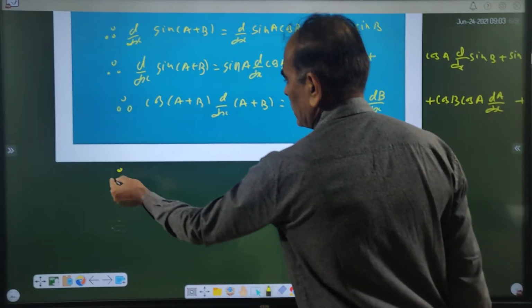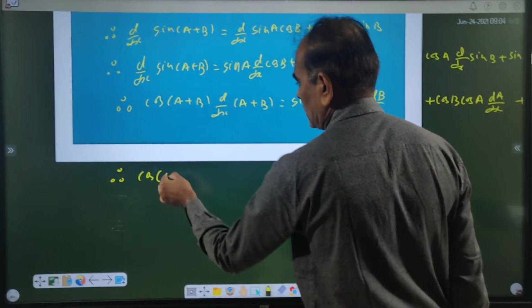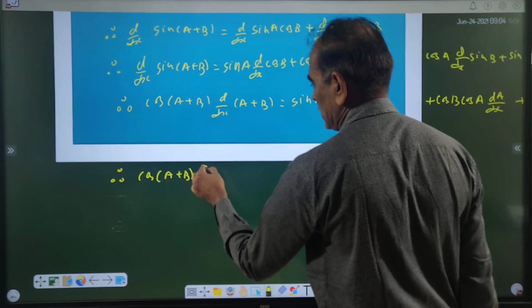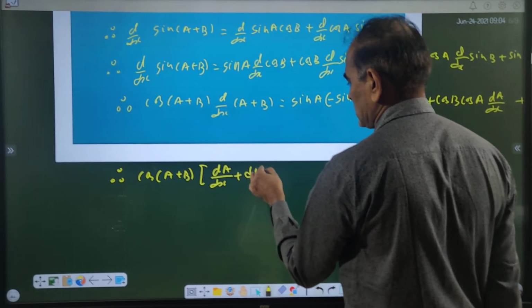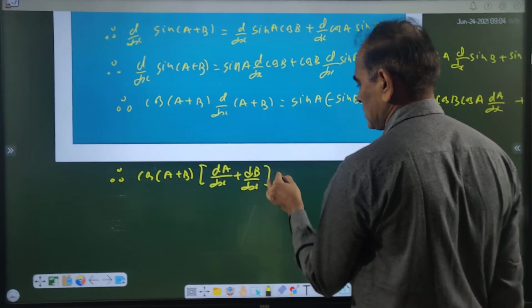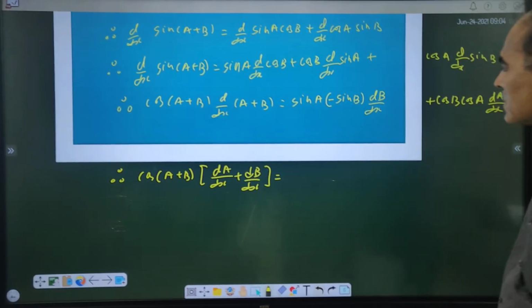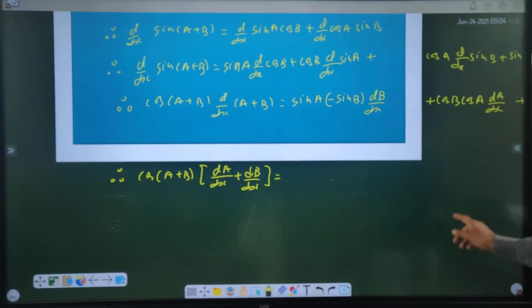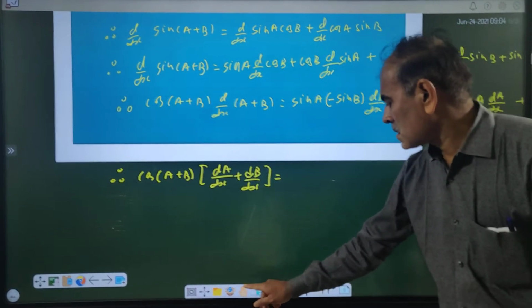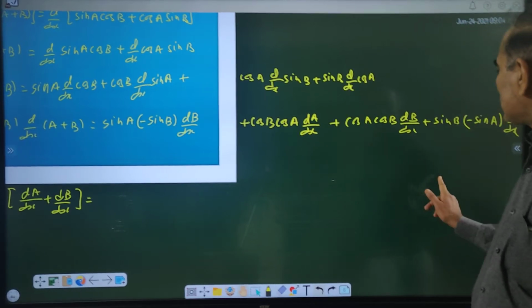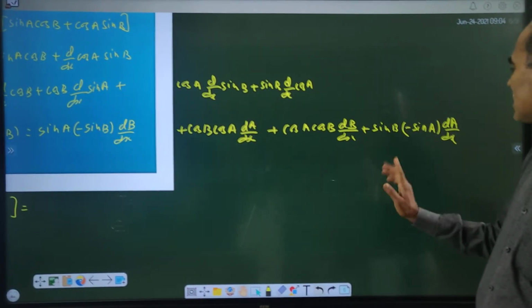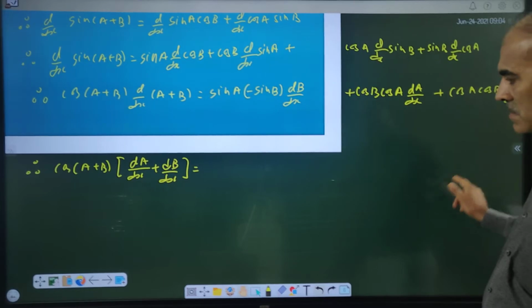Now see. Can I write therefore cos of a plus b into the bracket dA by dx plus dB by dx? Yes. Now see the forms. Cos a cos b dA by dx minus sin a sin b dA by dx.